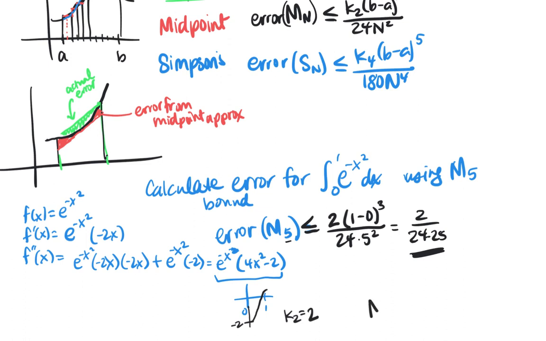So if I wanted to make it accurate to 3 decimal places or something, I could take 2 times 1 minus 0 cubed over 24 n squared, and make that less than, maybe, 0.0001. Then I just solve for that n. You can flip that inequality around and keep going from there.